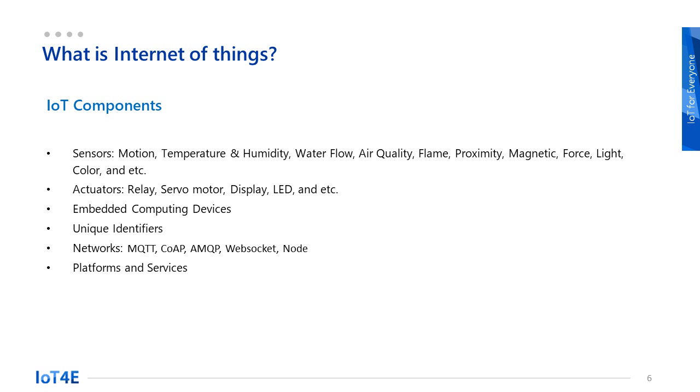For example, if you have multiple temperature sensors in different rooms in your house, it is not required to connect these sensors individually to the Internet. All these sensors could be connected to a single device sharing temperature values. Then, there are platforms and services available for the Internet of Things to make everything easier, faster, and more convenient. Going forward, we'll talk in more detail about these components and applications.